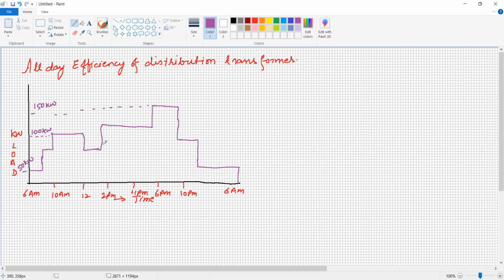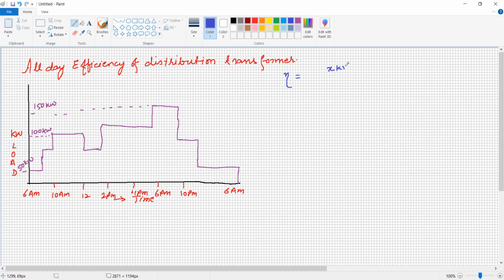So the load is not constant, and when the load is not constant, we cannot say that the efficiency of the transformer is 90%, because whenever we define the efficiency of the transformer, we will represent it with X as the percentage load.